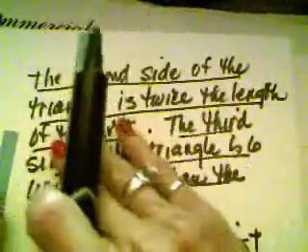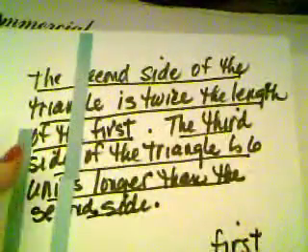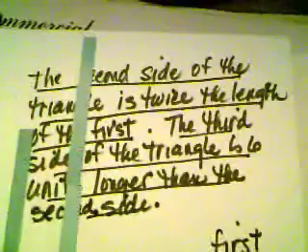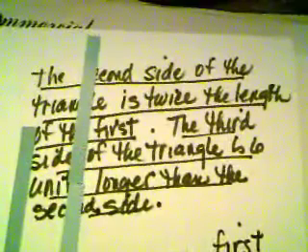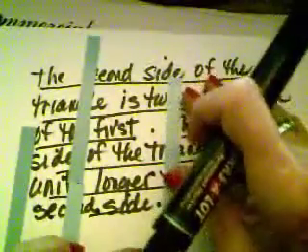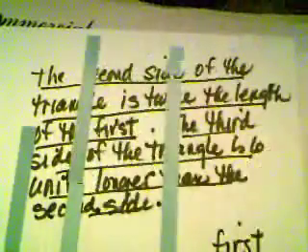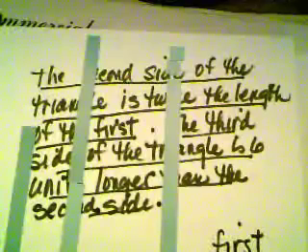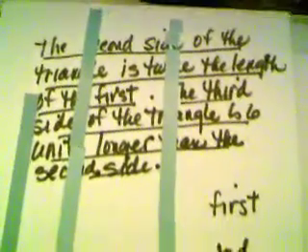So this is the first side, this is the second side, and then here is the third side with these 6 units, and they don't all have to be on the end, they have to be somewhere, but you're not going to be able to see them all, I don't think.